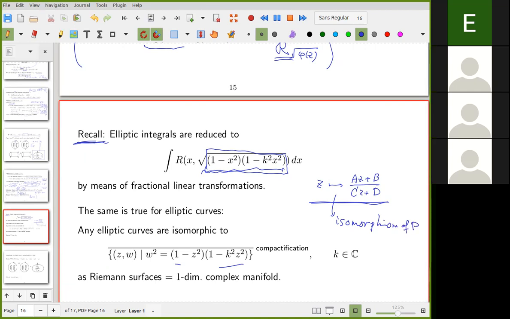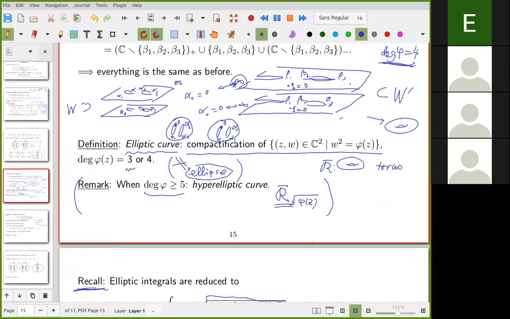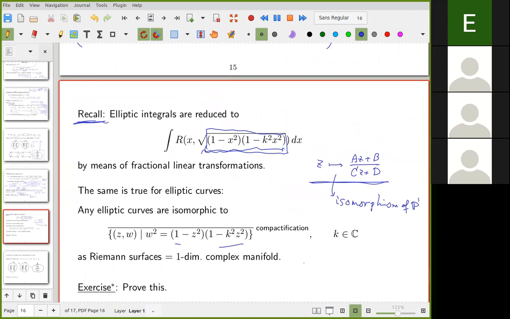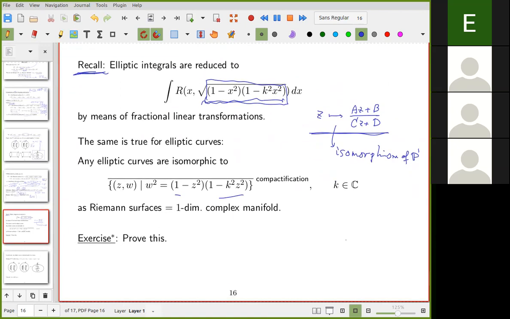of P1. So essentially, this transformation moves 4 points, alpha 0, alpha 1, alpha 2, and alpha 3, or maybe infinity and alpha 1, alpha 2, alpha 3, to some other quadruple.